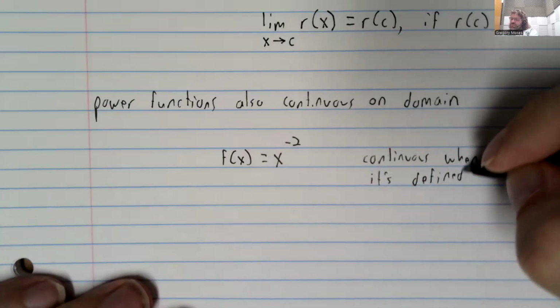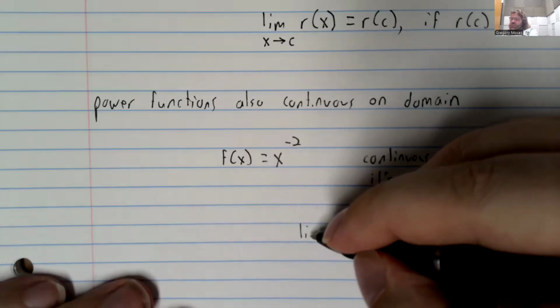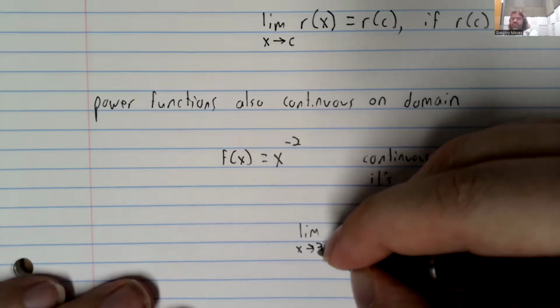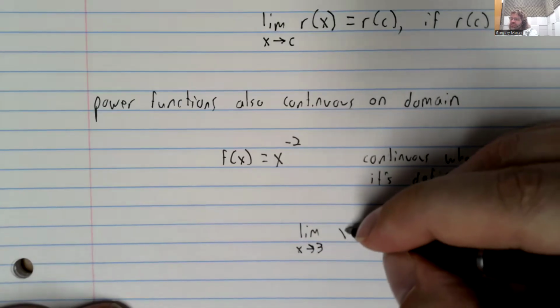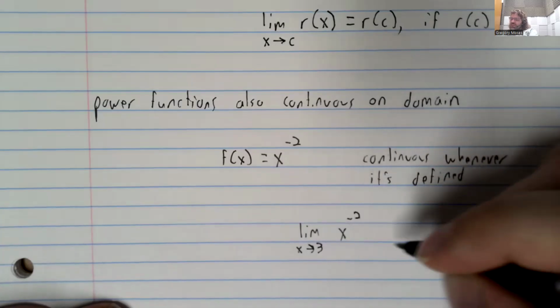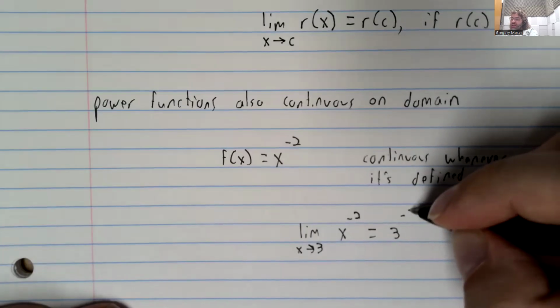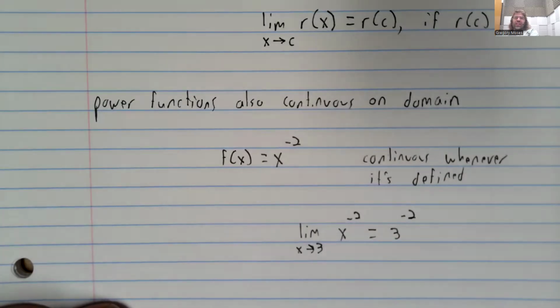If I want to know the limit as x approaches 3 of x to the negative second, well, as long as 3 to the negative second is defined, this is the limit.